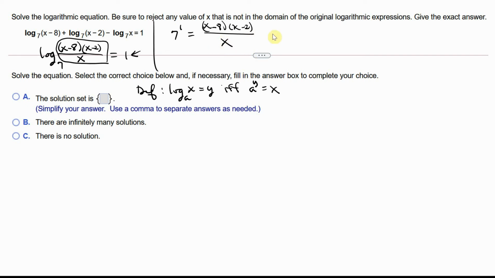So multiply both sides by the x to clear the fraction. So this is 7x is equal to that x minus 8. You could go ahead and FOIL that if you want to and just save a step. So this is 7x is equal to x squared minus 10x plus 16.